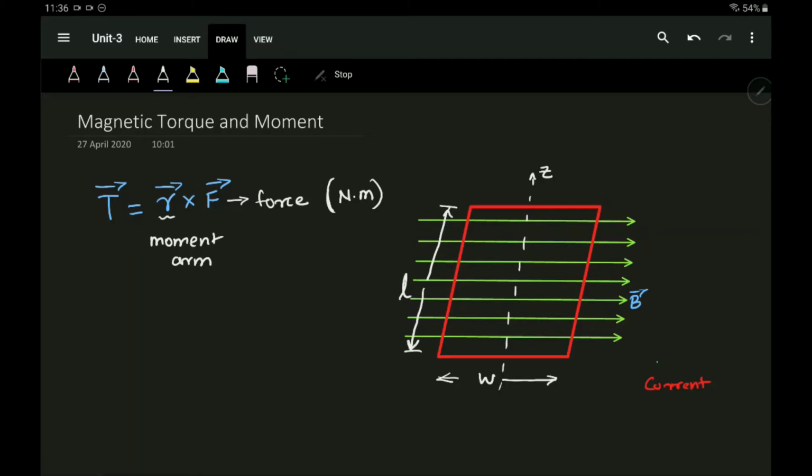It has a length L and a width W. To start with, I'll take this current element with the names A, B, C, D.